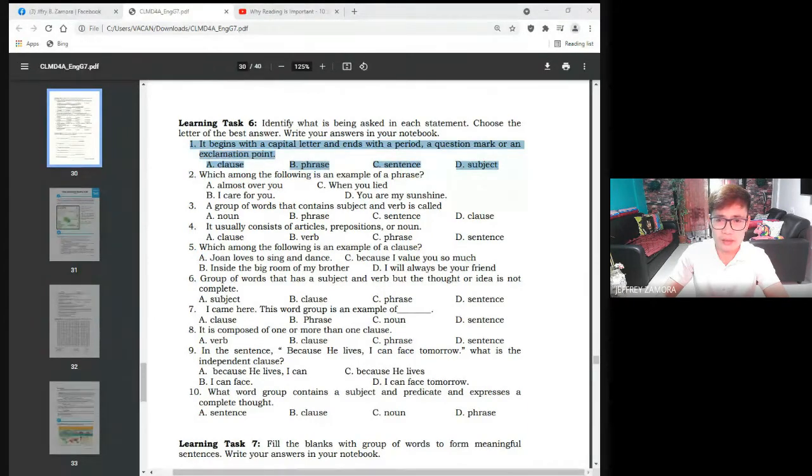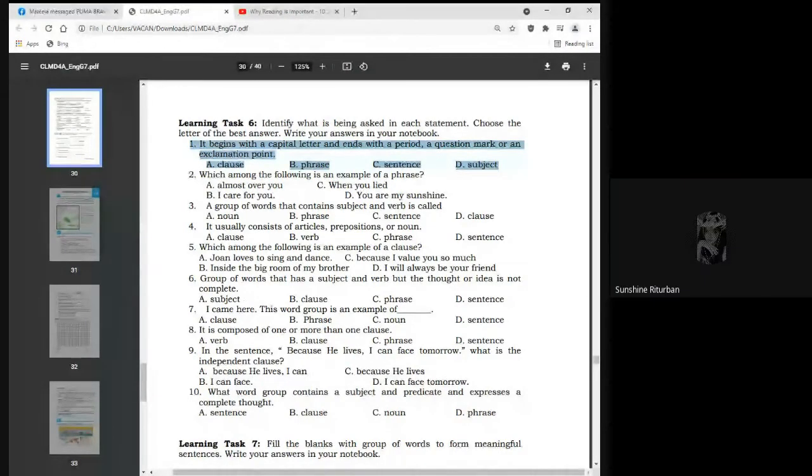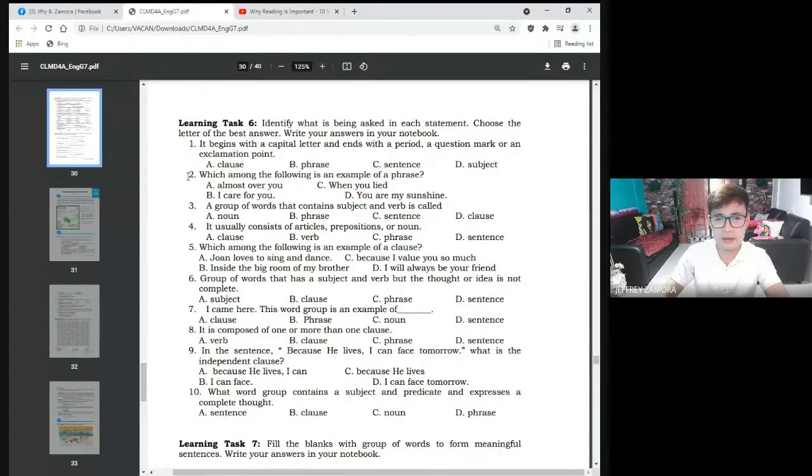Okay, who wants to try number one? Read and answer. Yes, Sunshine, please. Number 1. It begins with a capital letter and ends with a period, a question mark, or an exclamation point. So letter what? C. Sentence. Okay, a sentence. When you say a period, it is an imperative sentence.